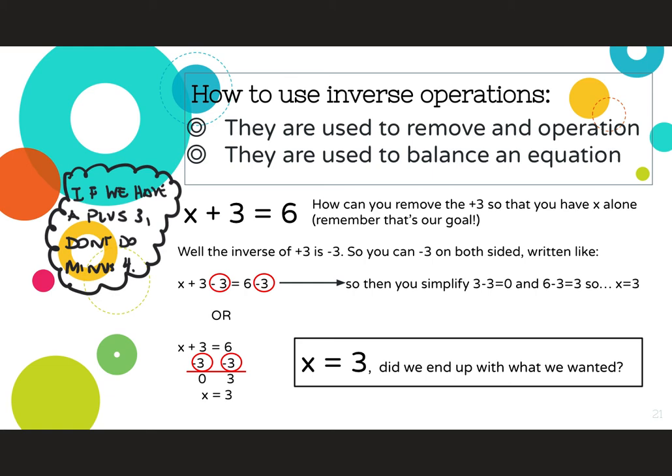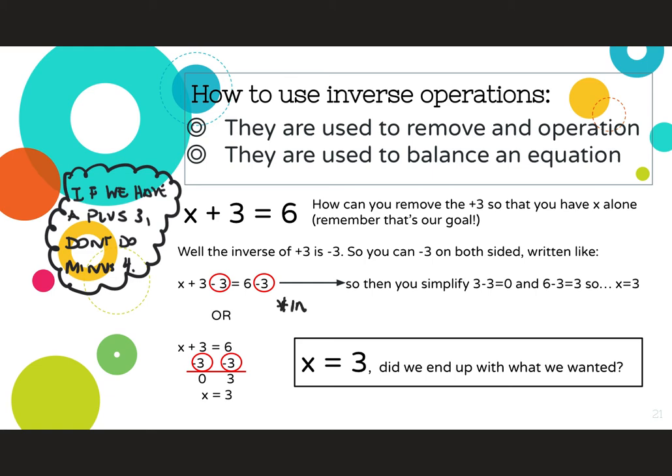And then we have to remember that if we do something, we have to balance an equation, right? If we do a minus 3 over here, that's great, but we also have to do it to the other side. That's been talked about many times. You should know that by now. In the equation, let's see if we can write it down.